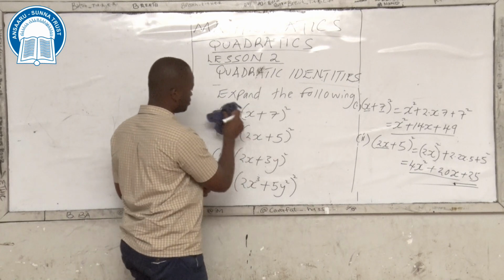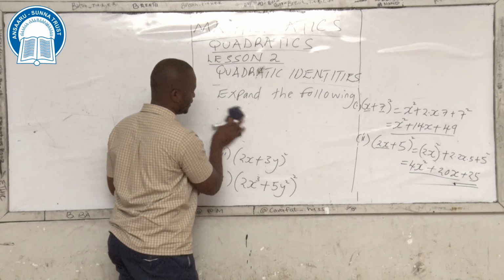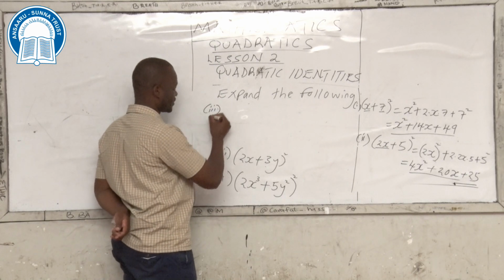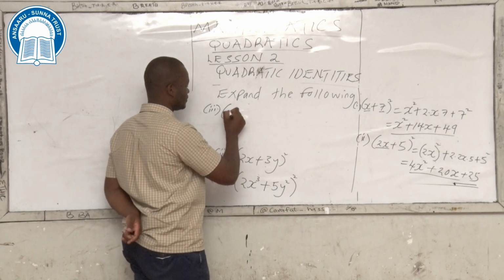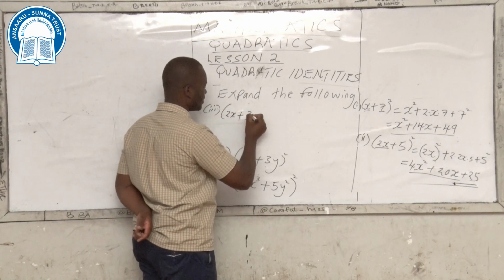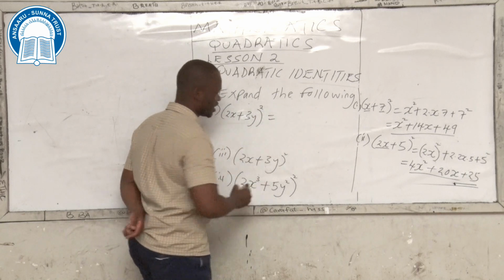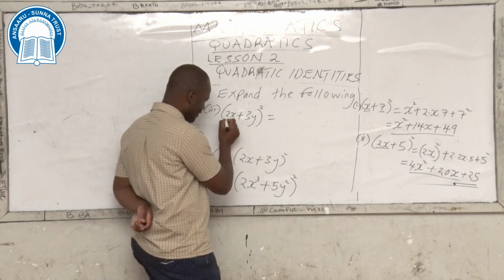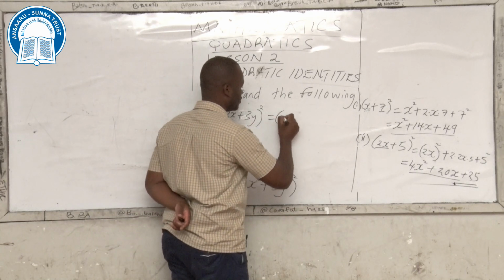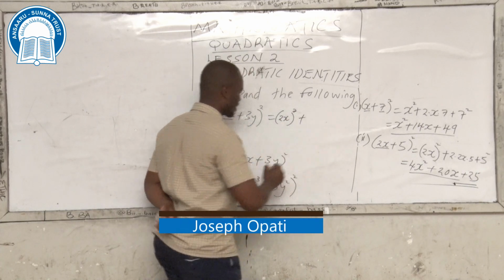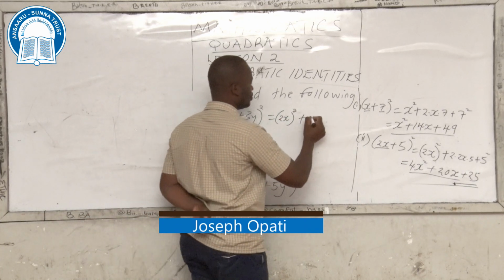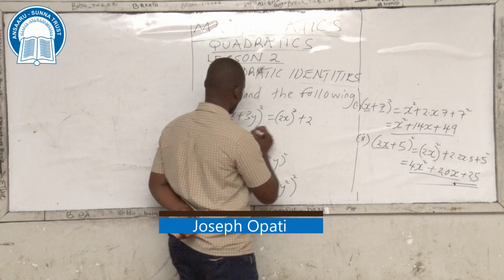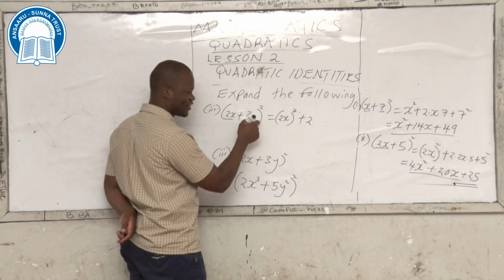Now, having done the first 2, we can create more space and cover our third expansion. Our third is (2x + 3y) squared. Again, similar steps are undertaken. The first term here is 2x. We have it squared. Then we have 2, which is a constant, times whatever terms we have in our bracket.